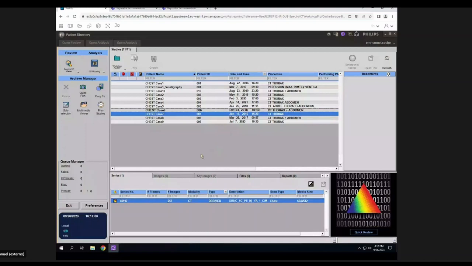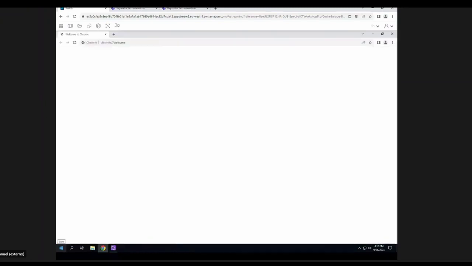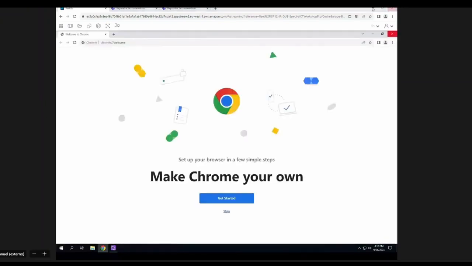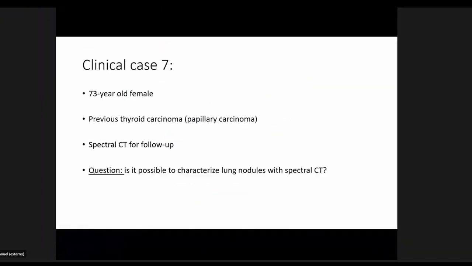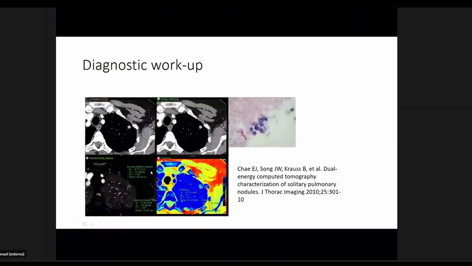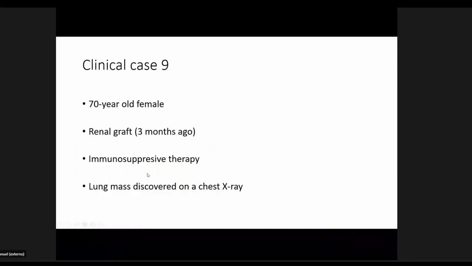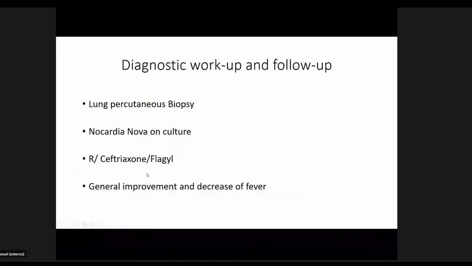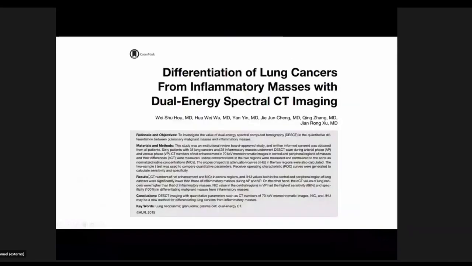Yes, there is a paper. There is some overlap between, for example, lung cancer and inflammatory masses in this case.